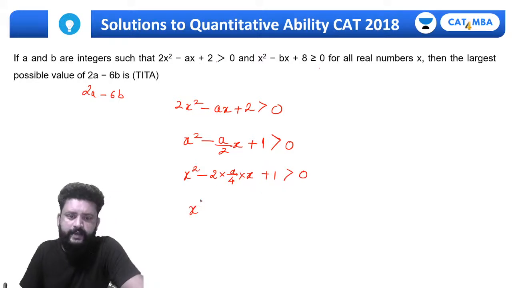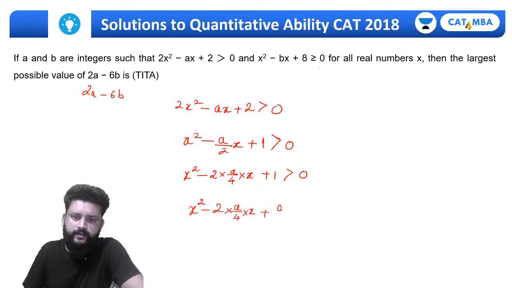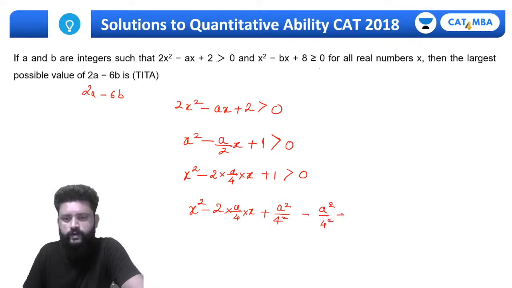Now this can be written as x square minus 2 into a by 4 into x plus a square by 4 square, which is 16, and minus a square by 4 square and plus 1 greater than 0.